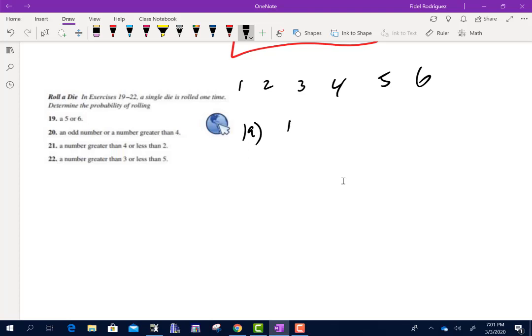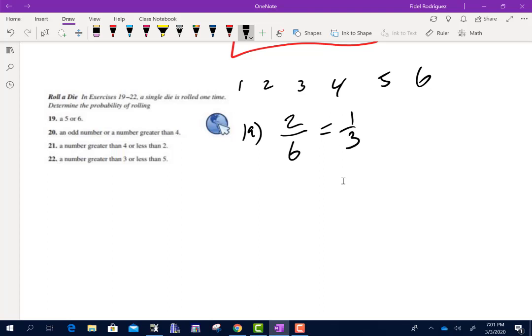Well, out of the 6 numbers we have, how many of those numbers are 5 or 6? 2 of them. So 2 out of 6 is 1/3.